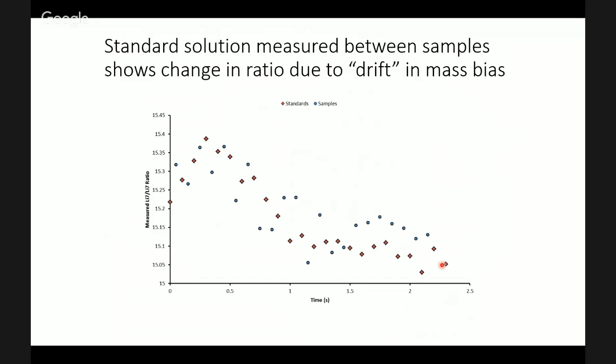It's a little bit noisy, but we can see that it changes through time. We can then use the difference between the average sample measurement, the average standard measurement, and each standard either side of that, each sample between those standards, to correct for the instrumental isotope fractionation.